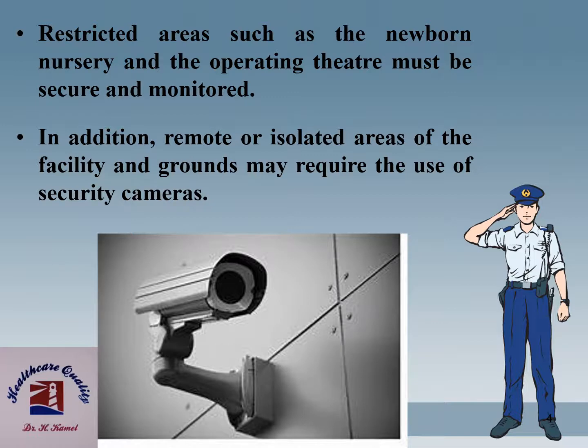Restricted areas such as the newborn nursery and the operating theater must be secure and monitored. In addition, remote or isolated areas of the facility and grounds may require the use of security cameras.